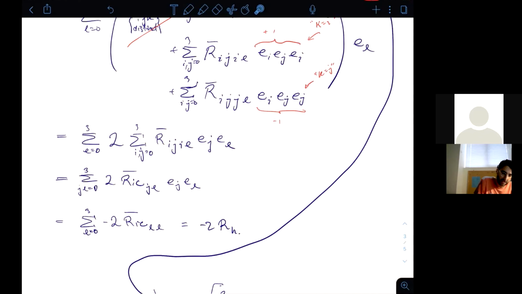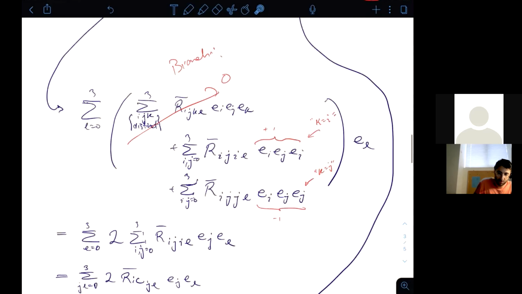And again, this is like a +2 Ricci 0,0. This should just go from 1 to 3, by that same thing I mentioned before. And so when you add up all these things, you get -2 copies of the scalar curvature of h.